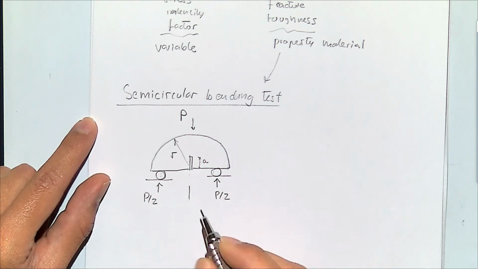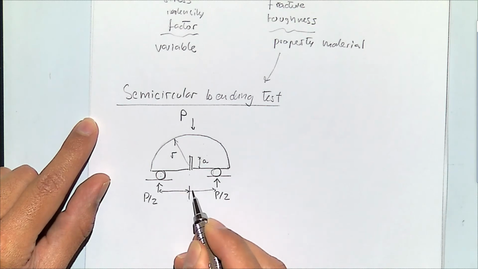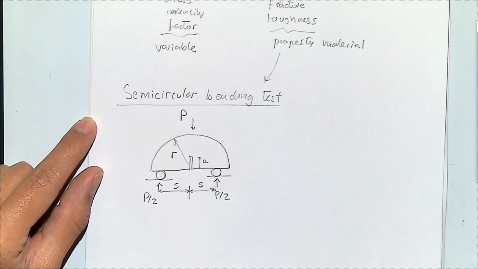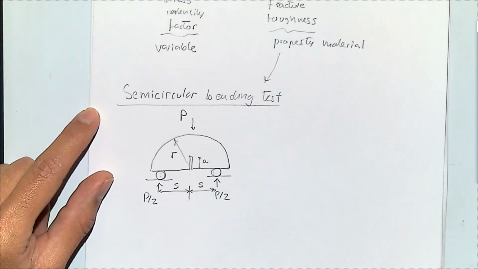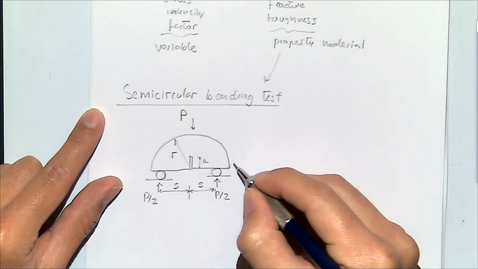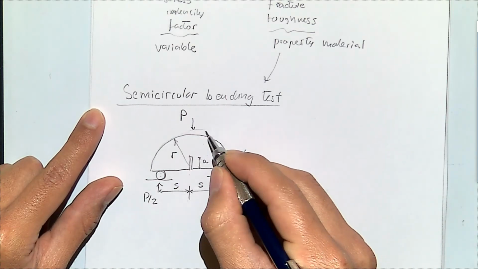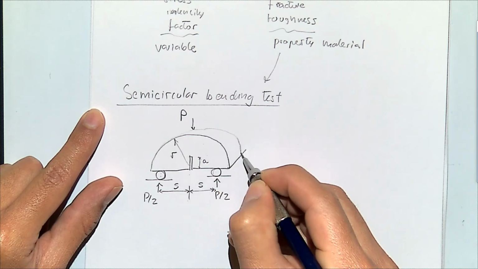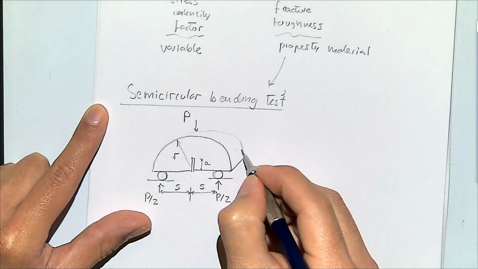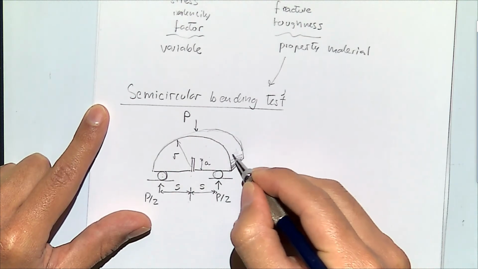So that's going to be the variable S. And the last one, it's similar to the Brazilian test. I'm going to have a given rock thickness. So this is going to be something like this.